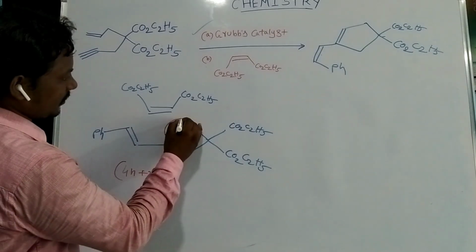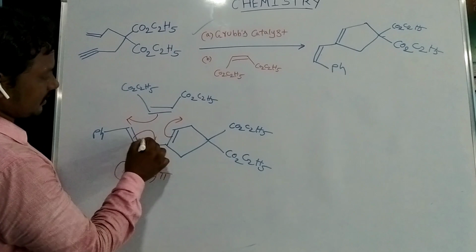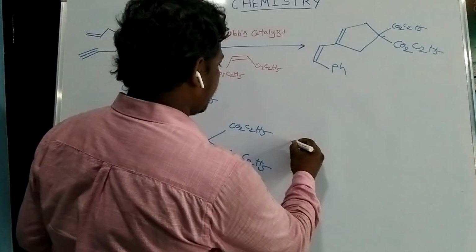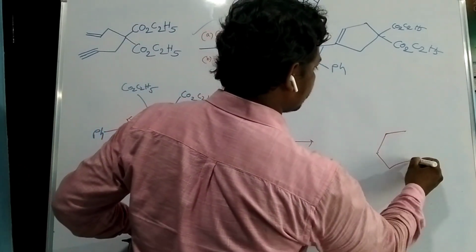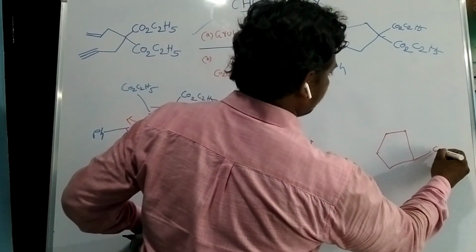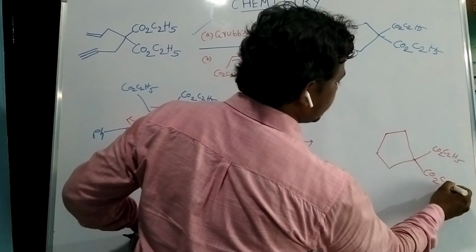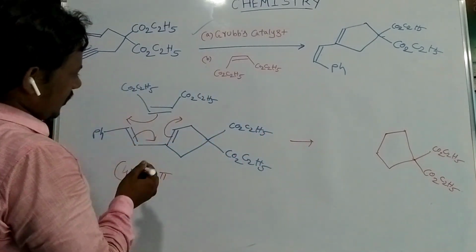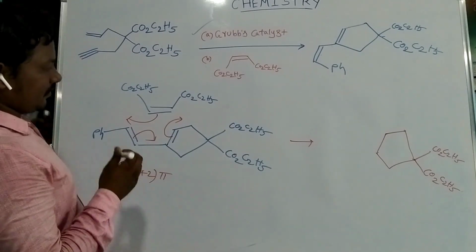Okay, 4π plus 2π addition. Here the bonds are migrating like this. These bonds are migrating like this. These bonds are like this. Simple Diels-Alder reaction. Here the product is C2H5. Then see how many ring members are forming? A 6-membered ring is forming. Okay.